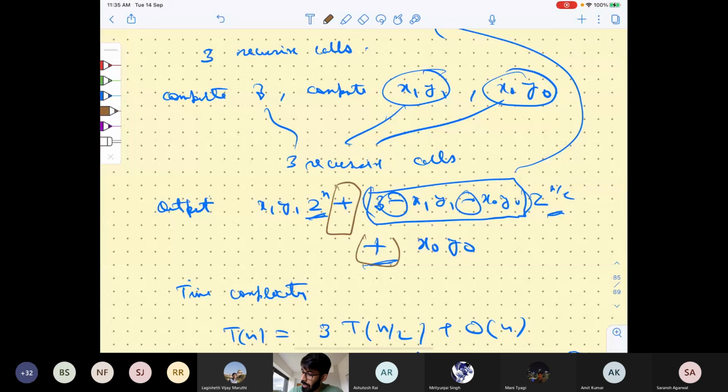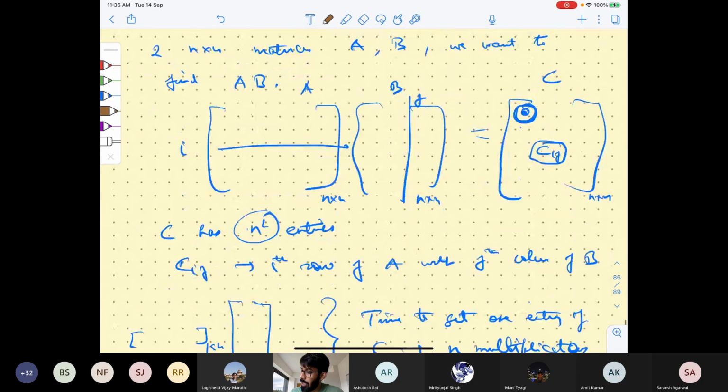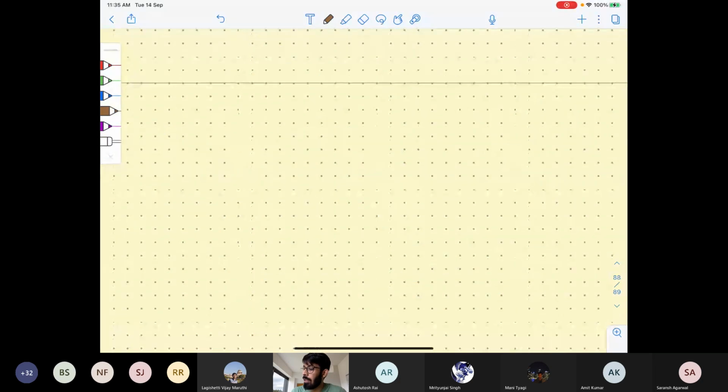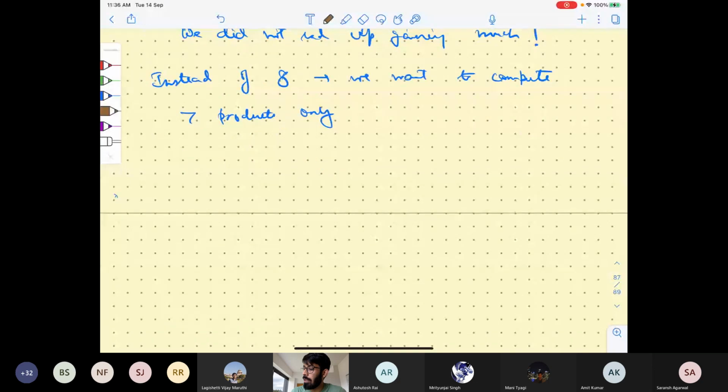Right? So you have an addition here, you have an addition here, and so on. So now you are spending less time in doing the recursive task, but while combining them, you are doing more effort.